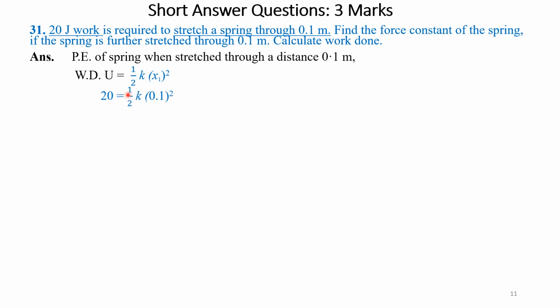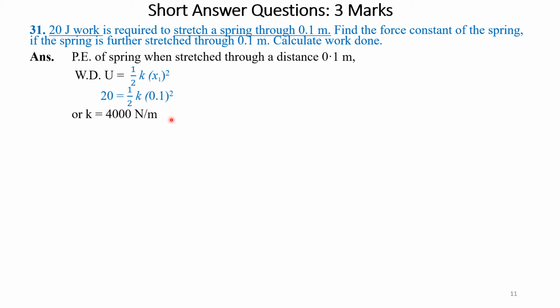Therefore, 20 is equal to half into k into 0.1 whole square. Everything is known except k. We will simplify and find the value of k. K is equal to 20 into 2, that is 40, divided by 0.1 into 0.1. Therefore, the value of k is 4000 newtons per meter.